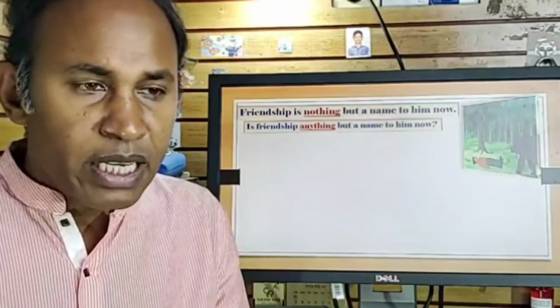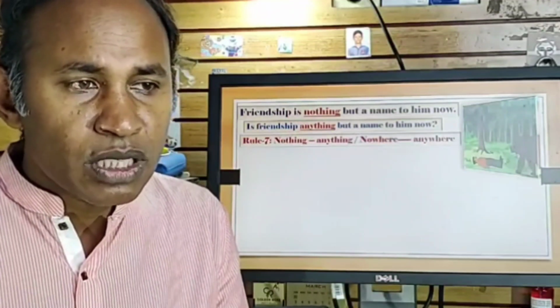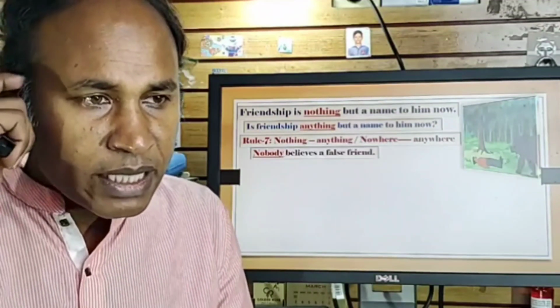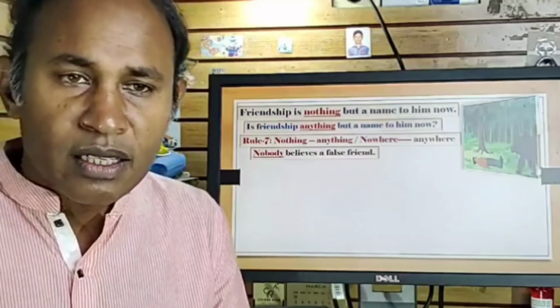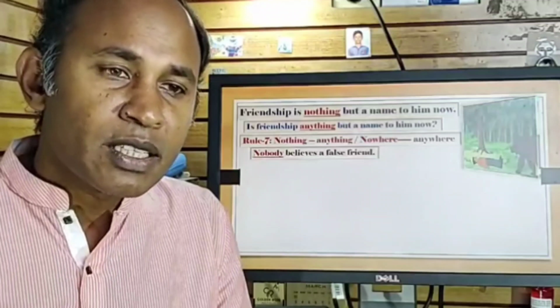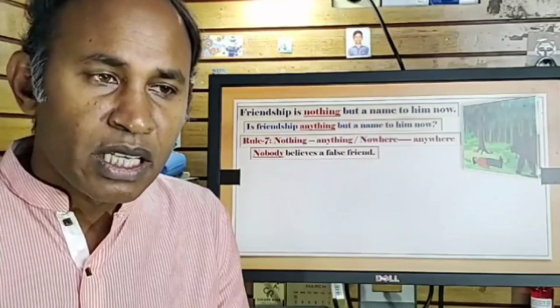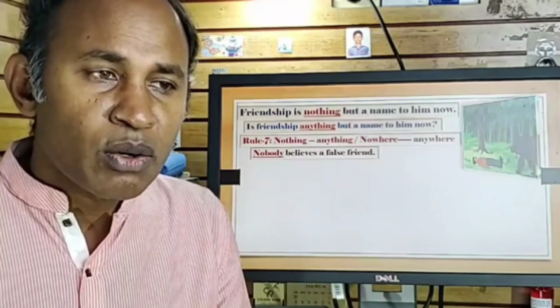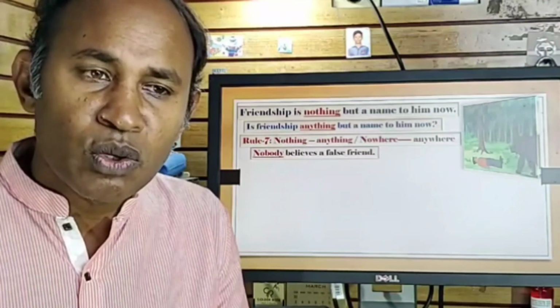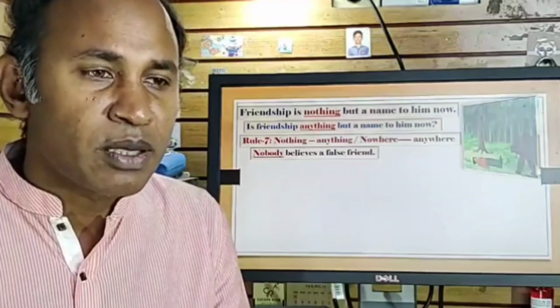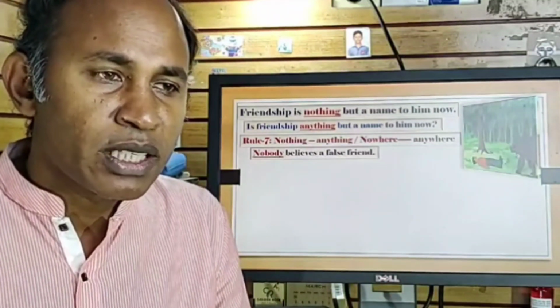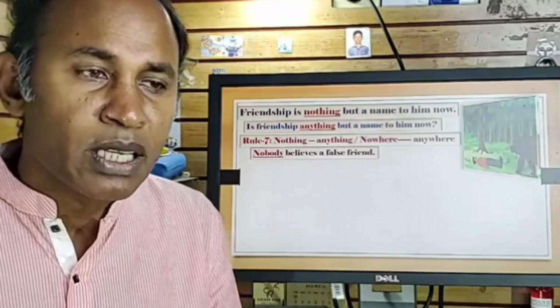So the rule for you is that if there is nothing, it will be anything. If there is nowhere, it will be anywhere. Suppose: he went nowhere. How will you make it interrogative? He went nowhere means: did he go anywhere? Question mark. So if there is nowhere, anywhere; and if there is nothing, anything.